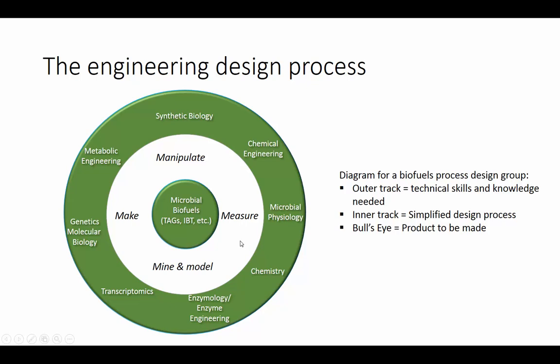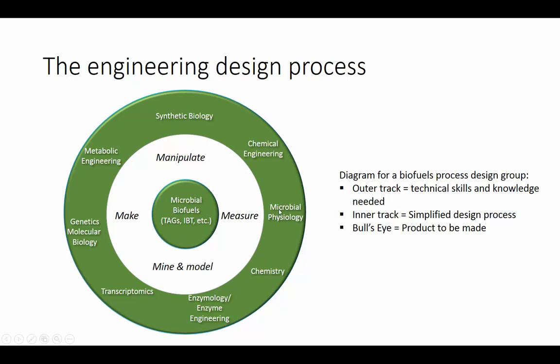And with that data, you end up mining the data, modeling what you see, and seeing how you can do this more efficiently. So we have manipulate, measure, mine, and model, and then eventually we're making something, we're making a process. And when you make that process, you might need to go back to the manipulate and do it all over again to refine that process. And then the bullseye, of course, is the product that needs to be made. In this case, we're talking about microbial biofuels.